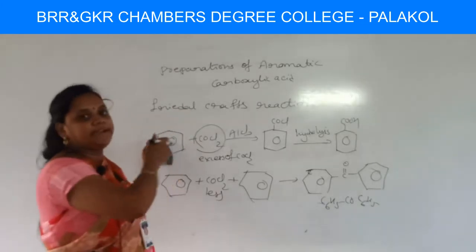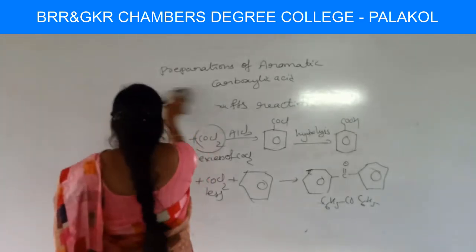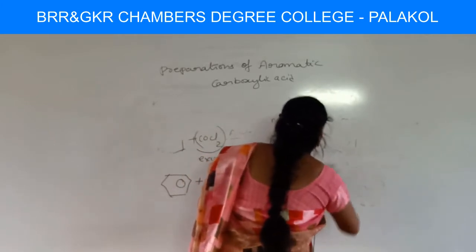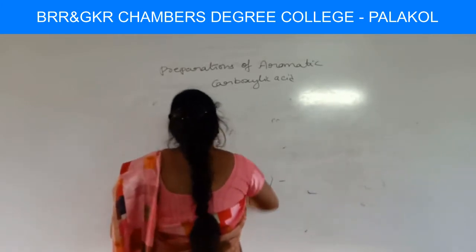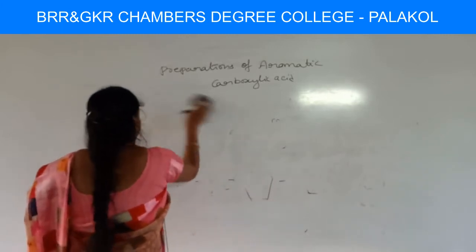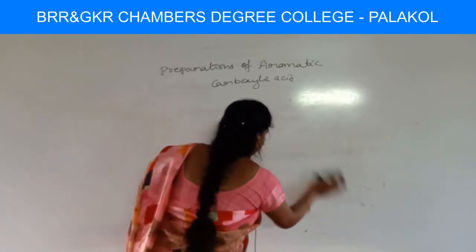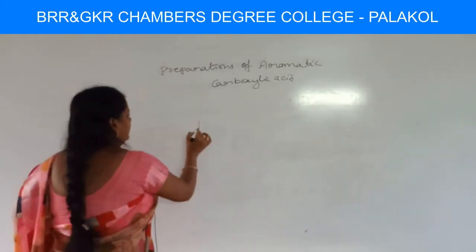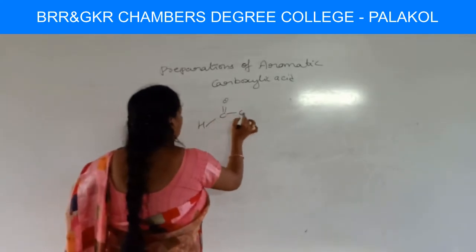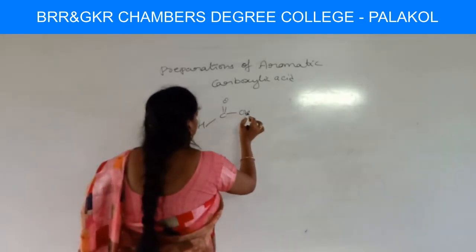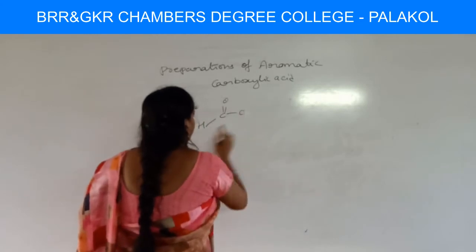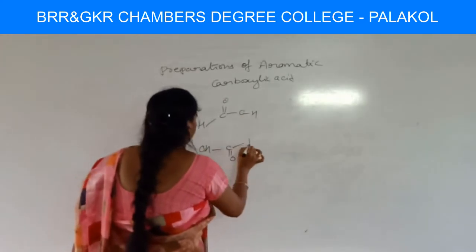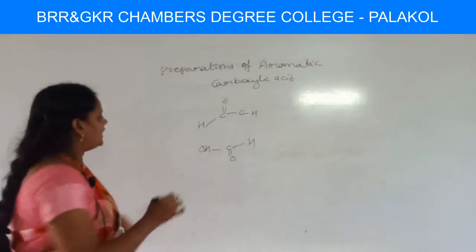Let me show the dimeric association. Okay, H, C double bond O, OH, and OH, C double bond O, H. In this case, what happens?